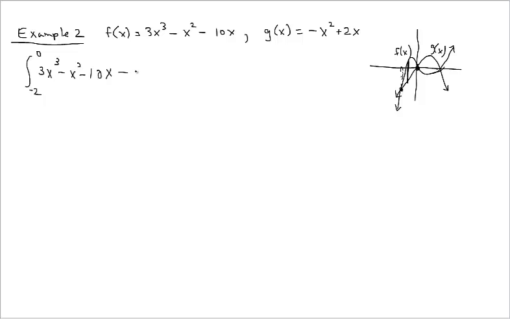Oftentimes I'll see minus, and then students will just put down g, but you need to be aware that you're subtracting the entire g function. And because I have more than one term, unlike the last example, it's important to put this in parentheses, because when you subtract, you need to distribute and change the signs of all the terms that make up your bottom function. And don't forget your dx.